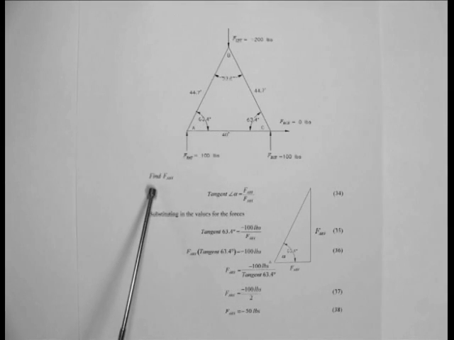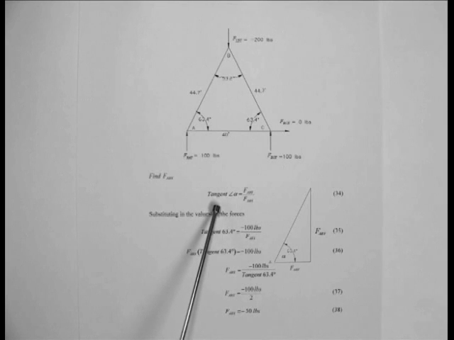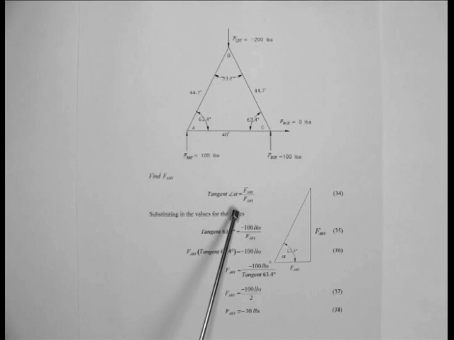Our next step is to determine the force ABX. Since we already know the force ABY, and we know that the tangent of the angle alpha is equal to the force ABY divided by the force ABX, we can substitute into the equation the tangent of 63.4 degrees is equal to minus 100 pounds divided by the force ABX.